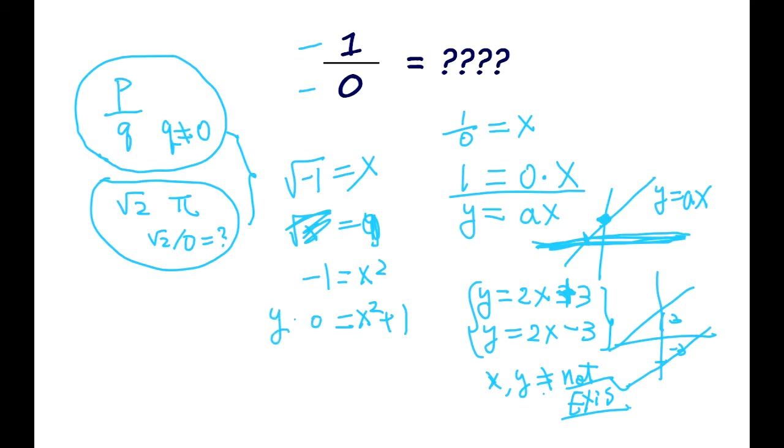Say y equals this. The equation y is like that; it doesn't intersect with the x-axis, so there's no solution for this. It doesn't make sense to have this, right?